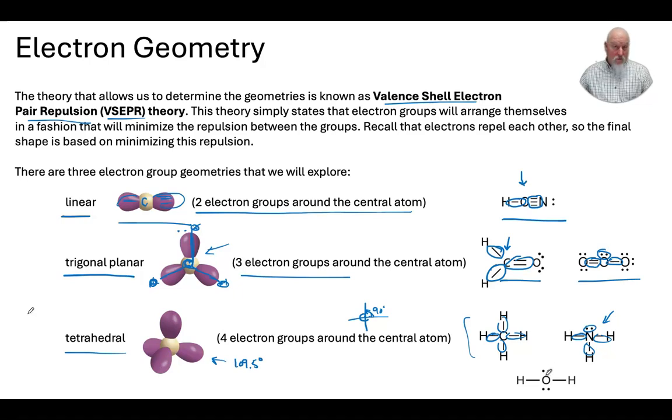Or water, where there's 2 bonding groups and 2 non-bonding groups. Okay? It doesn't matter. When we're figuring out electron geometry, we're just counting the total number of electron groups. So all of those would be tetrahedral electron group geometry, because they all have 4 electron groups around them.